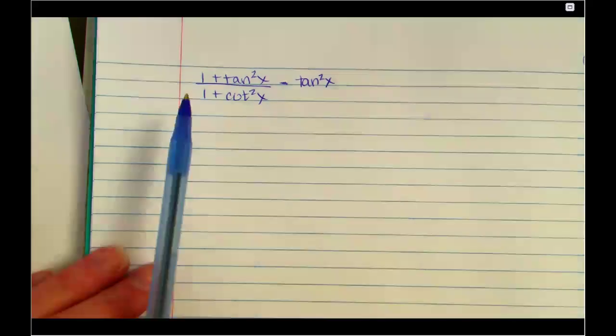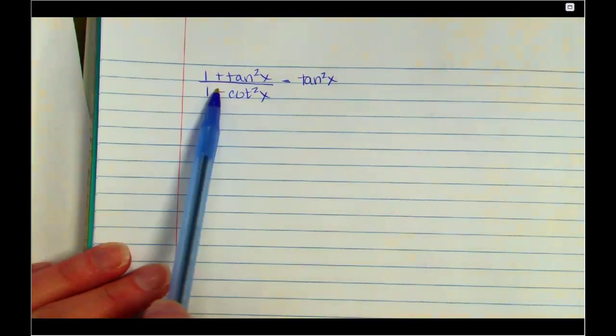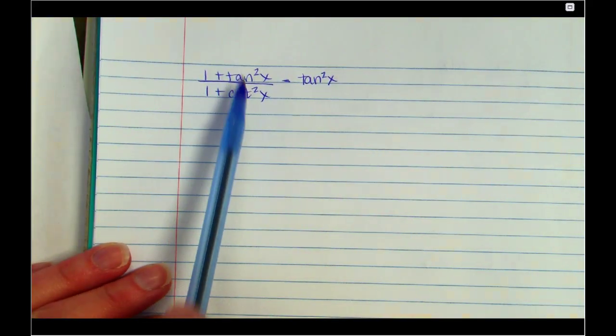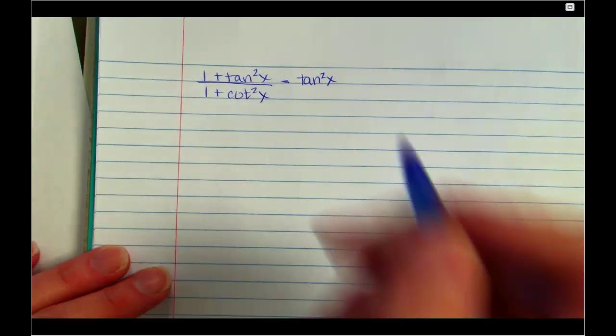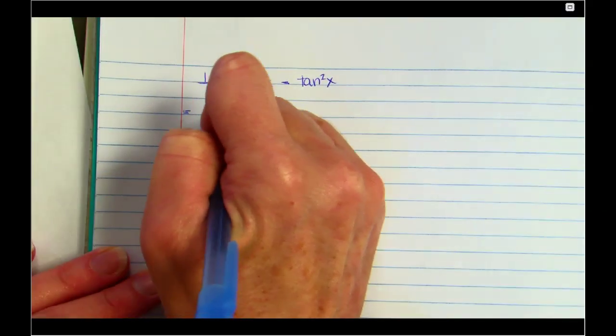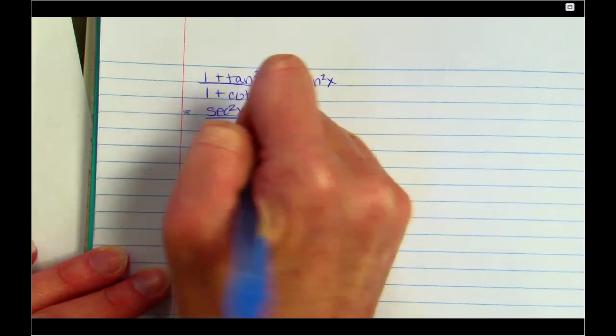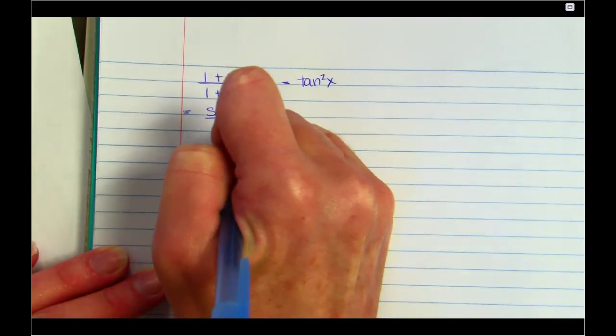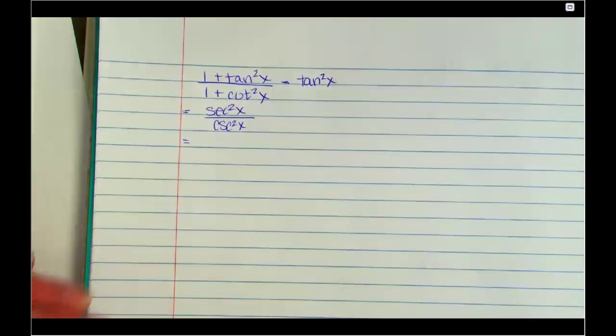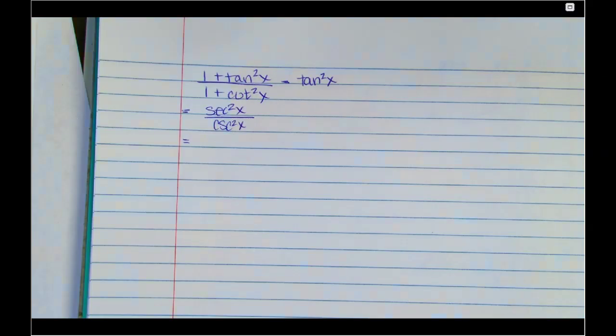Best summary I heard of this, use the dogs, right? Those don't even have to be rearranged. So what does the top equal? Secant squared. What's the bottom equal? Cosecant squared. And then you go, I can't do anything, but it's not equal. Yeah, you can. Turn everything into terms of sines and cosines.